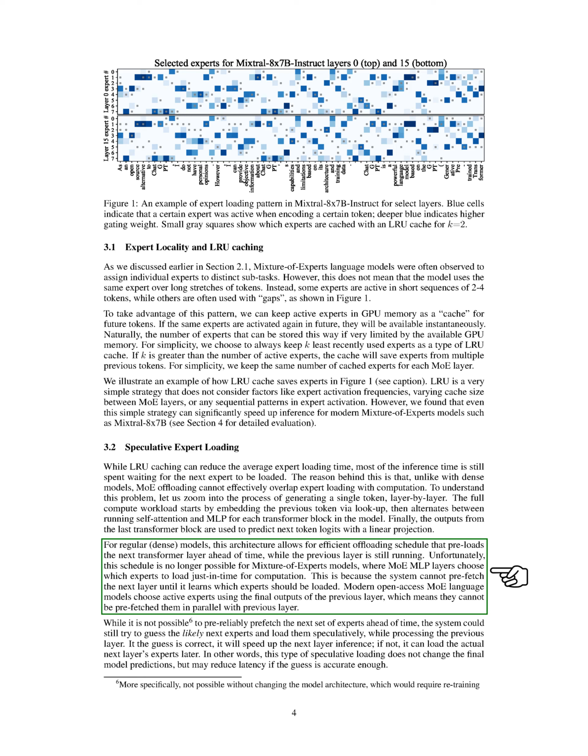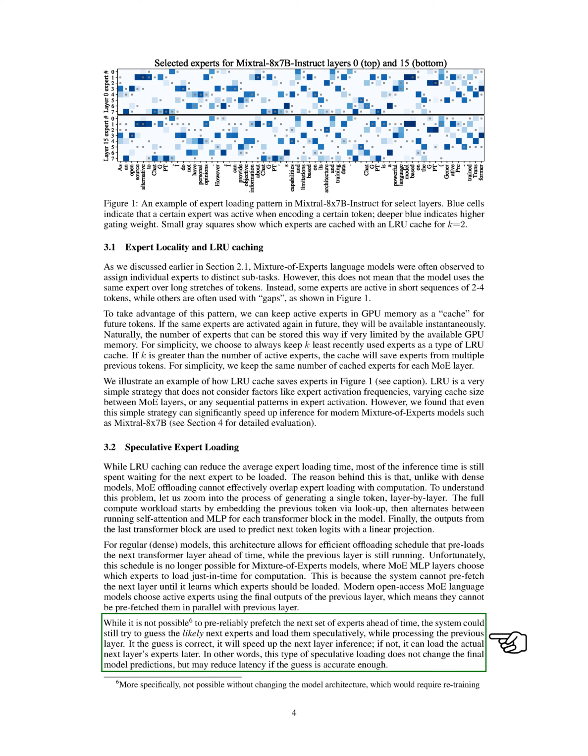However, this isn't possible for mixture of experts models, where the MLP layers choose which experts to load just before computation. This is because the system can't prefetch the next layer until it knows which experts should be loaded. Modern language models choose active experts using the final outputs of the previous layer, which means they can't be prefetched in parallel with the previous layer.